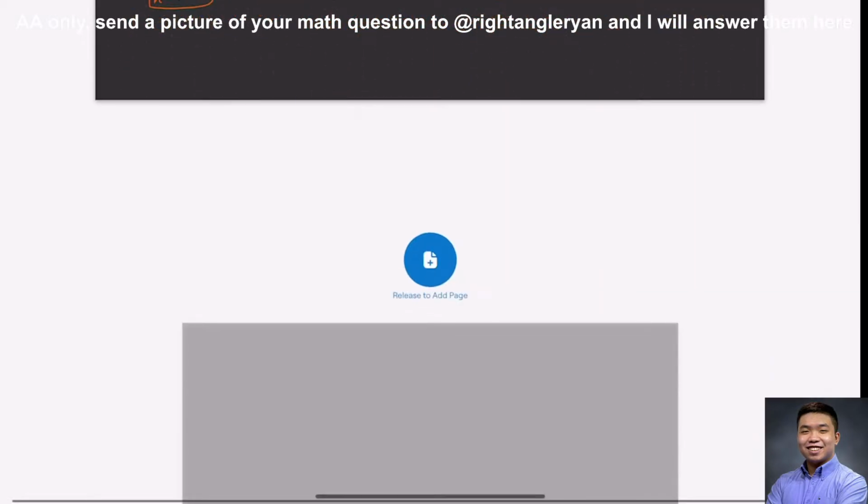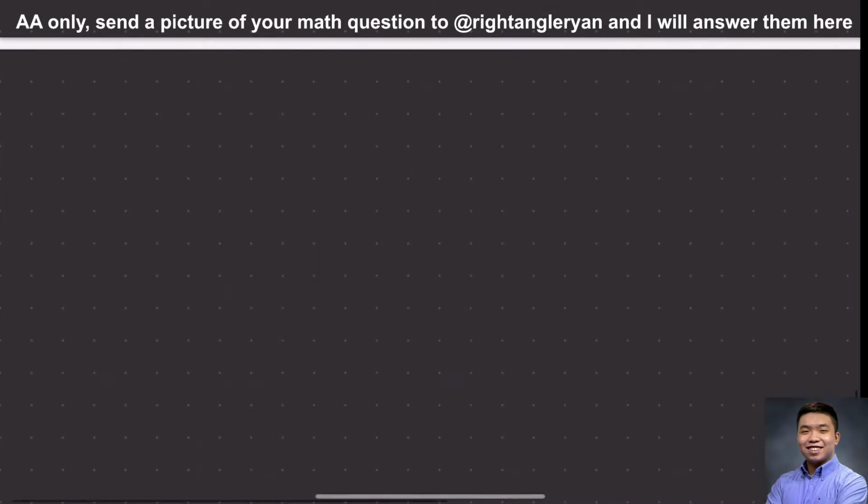Next is a quick question: how to differentiate 2e to the 2x. If I'm going to differentiate this, I need to do the chain rule. So to do the chain rule, let's just take 2e^(2x).